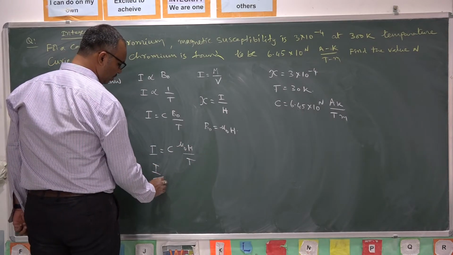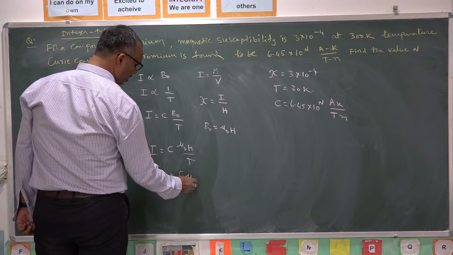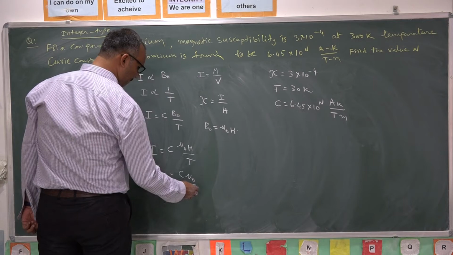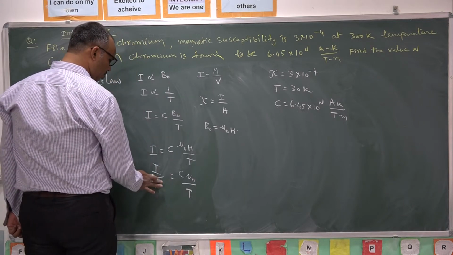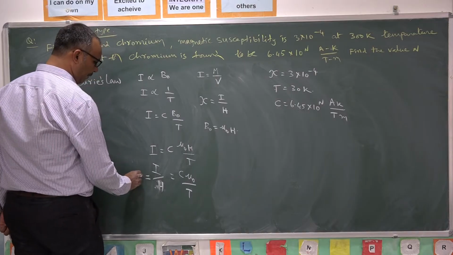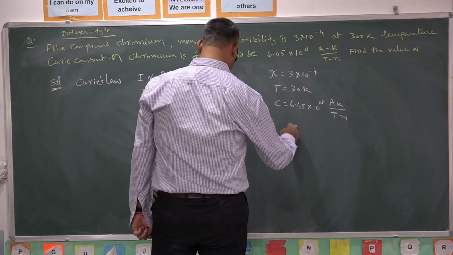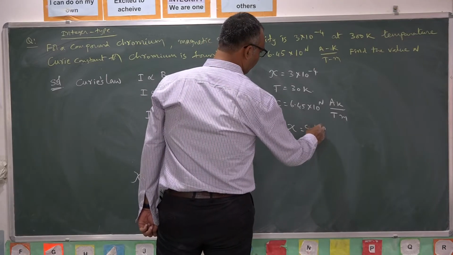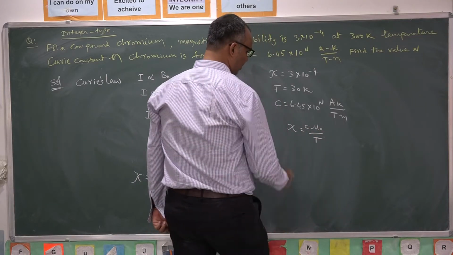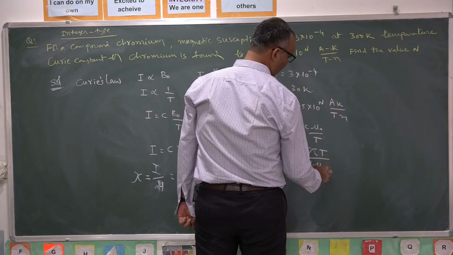I by H is equal to C mu naught by T. I by H is called chi. So chi can be written as C mu naught by T, and C can be written as chi T by mu naught.